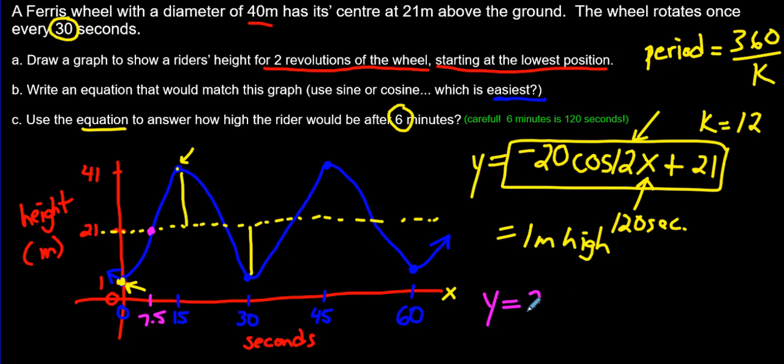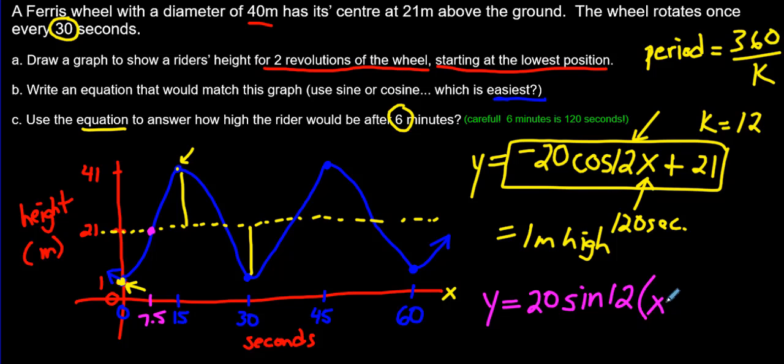The amplitude is still 20, just like the question above. It's still going 20 up and 20 down. The k value is still the same. We don't need to redo that. But this time we're going to have brackets because sine has moved over to the right 7.5 seconds.